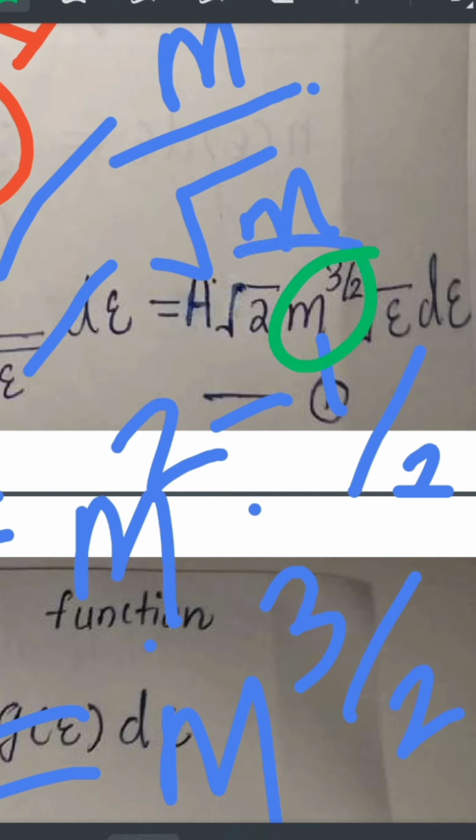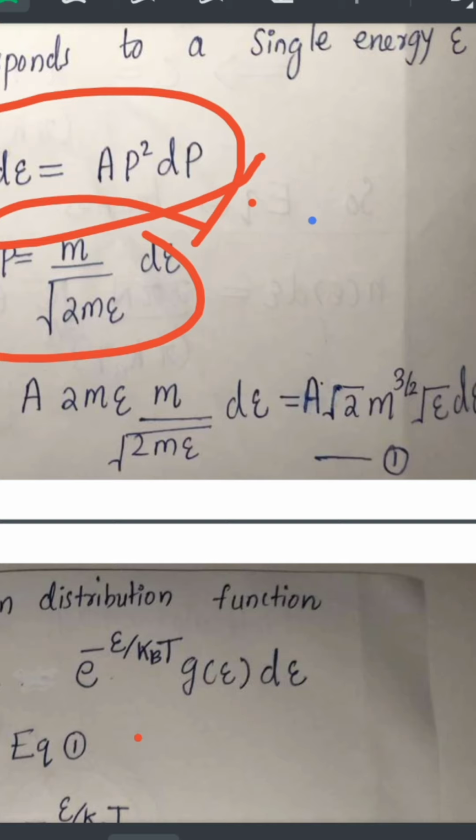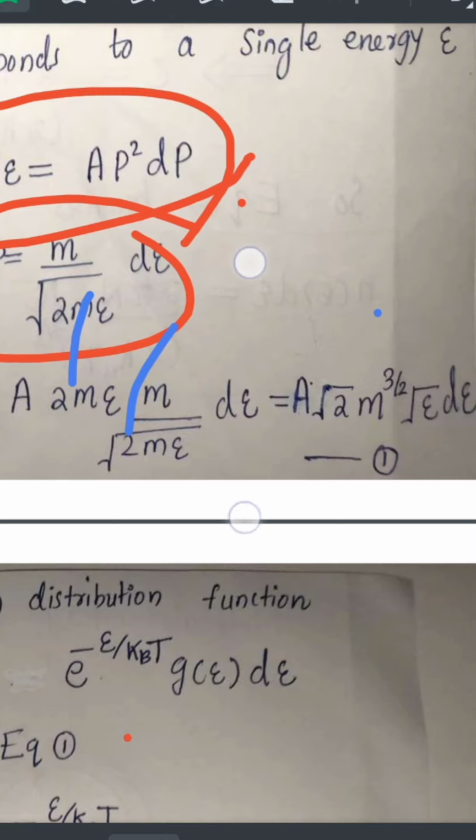Also this 2 and this root 2 give root 2 in the numerator. So in total you get A root 2 m to the power 3 by 2 root epsilon d epsilon.